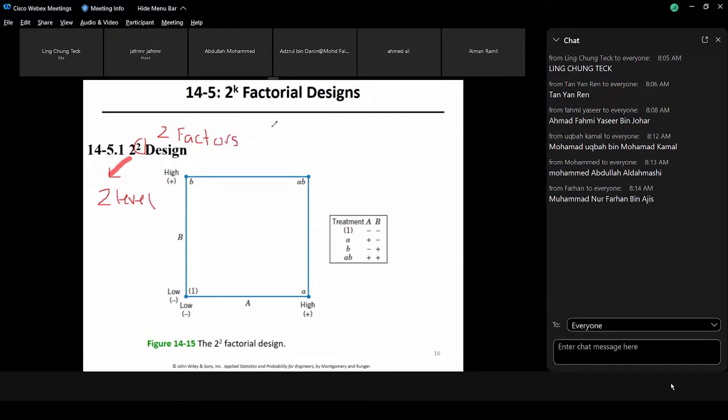In fact, we are targeting the 2 power of k design, where k is the number of factors.